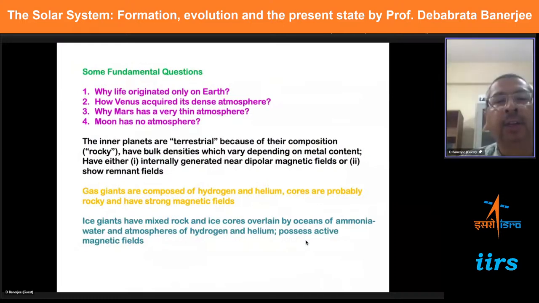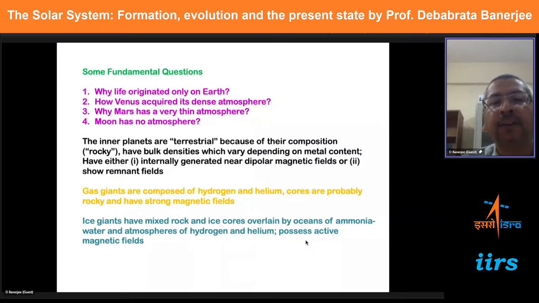So the inner planets, you should know, are called terrestrial because of their rocky composition, and they have bulk densities which depend on the metal content, and they have remnant fields, or they have internally generated dipolar magnetic fields. Basically a dynamo effect, and this must have been discussed in some of the lectures earlier as well, particularly the Earth's magnetic field and the Earth's magnetosphere.